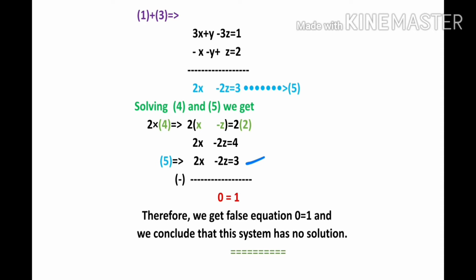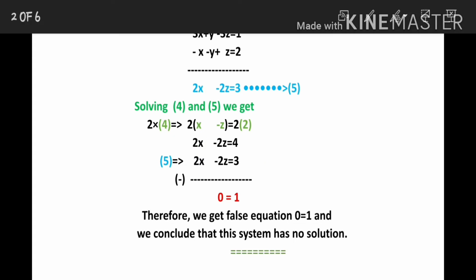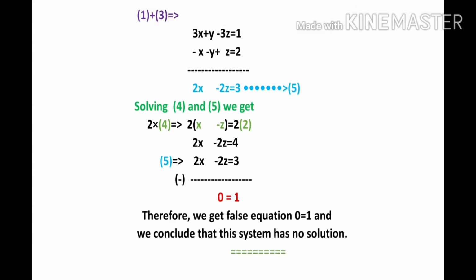So simplify this. If you subtract, what do you get? 2x minus 2x gets cancelled. The sign should be changed. If you subtract this, the positive sign becomes minus, and minus becomes plus. So forget the old signs, remember the new signs.